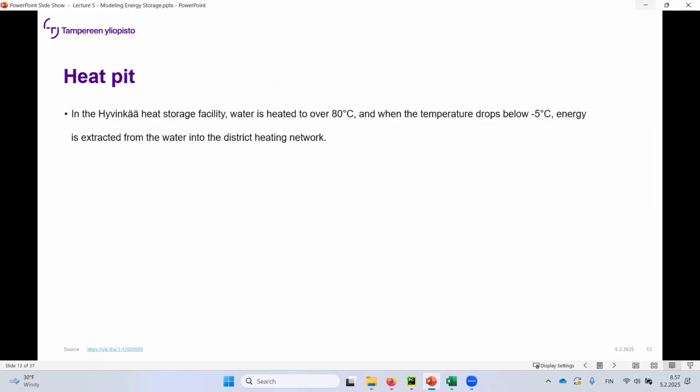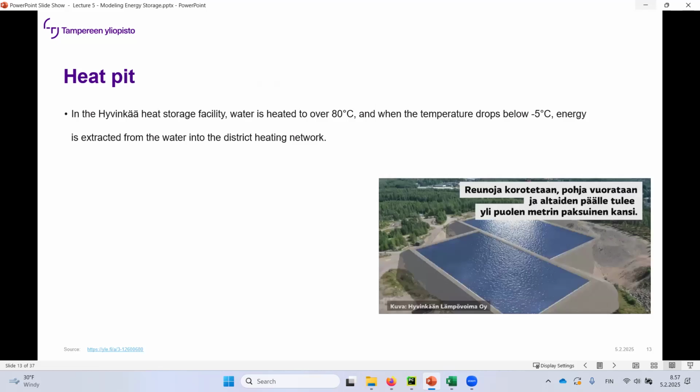This was another kind of interesting idea, this kind of a heat pit. So you excavate ground and build up the walls of the pit. And then you have some, I don't know what they use, and I don't know the word, plastic liner, whatever, to retain the water in there.